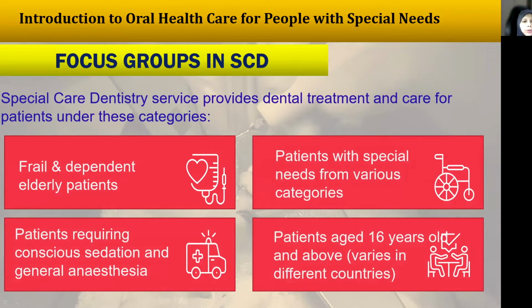Okay, so we don't accept referrals for elderly or geriatric patients who are independent, who can access dental care by themselves, but more towards patients who have a lot of medical issues and need others to take care of them. For example, the most common examples among the elderly are stroke patients or patients with Alzheimer's or Parkinson's disease. So they need some modifications in the dental treatment delivered to them.